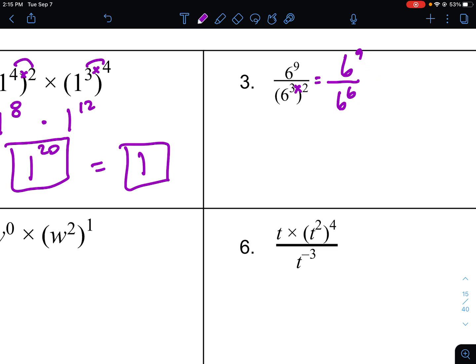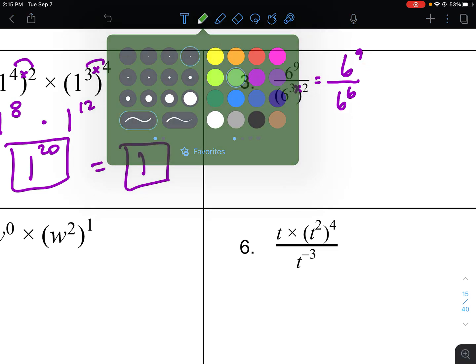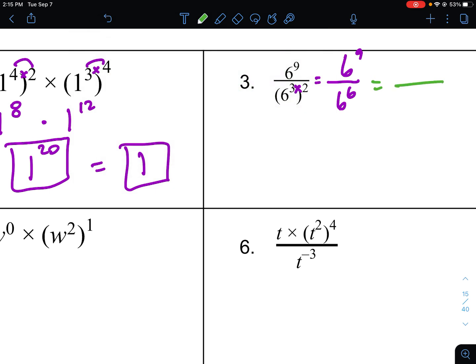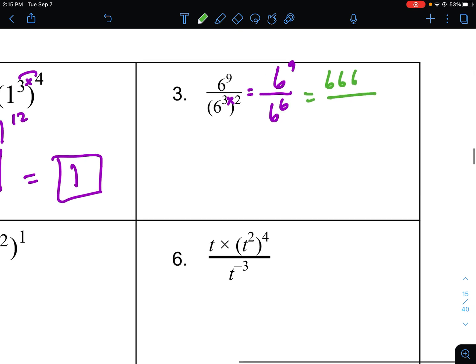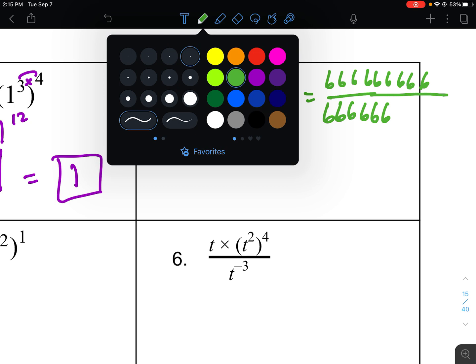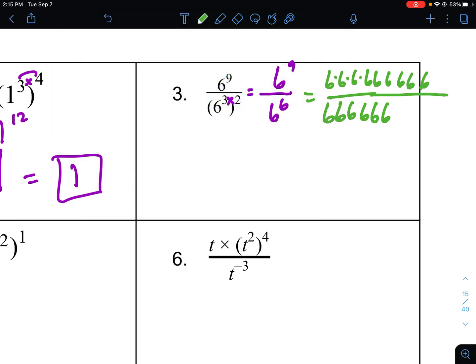Now, if you don't remember, take a look at this. Remember, this is like 9 sixes. 1, 2, 3, 4, 5, 6, 7, 8, 9. And on the bottom, you have 6 sixes. 1, 2, 3, 4, 5, 6. And then basically these are all being multiplied together.